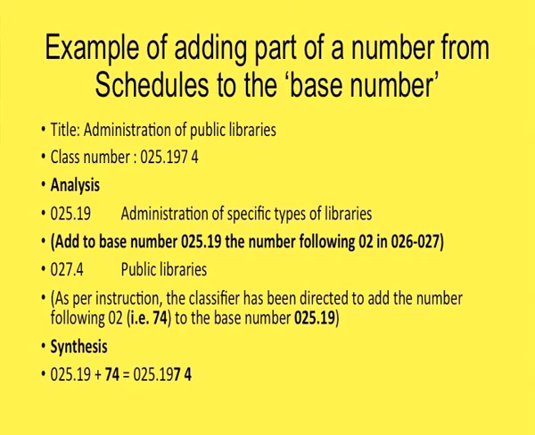So, the classifier will add 74 to the base number 025.19. So, we obtain the full class number for this title, Administration of Public Libraries: 025.19, which is the base number, then 74. So, the complete number is 025.1974.